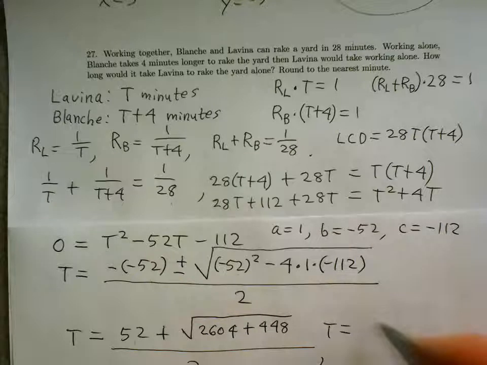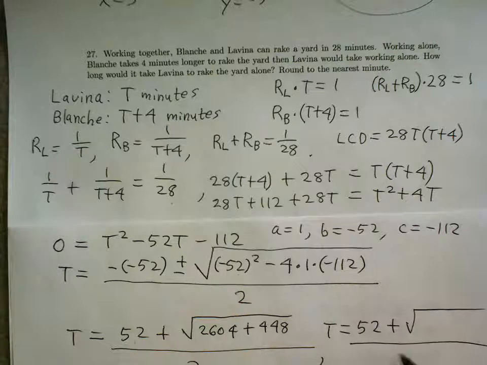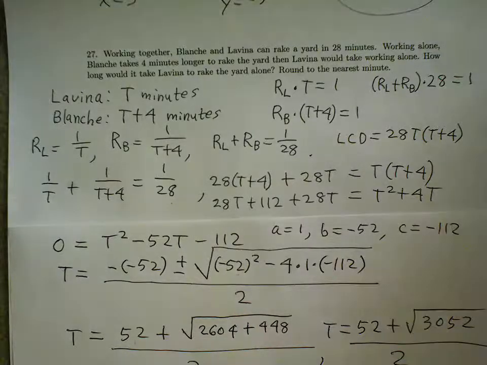And I'll just do one more step, and then you can do the rest with a calculator. So inside the square root, 2604 plus 448 is 3052. But you might want to check my arithmetic.